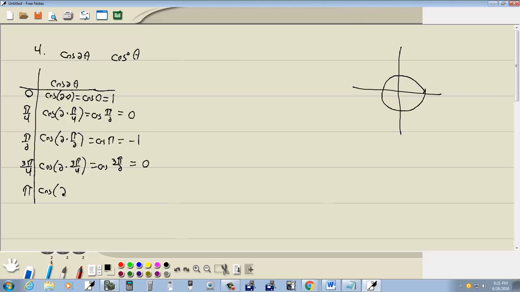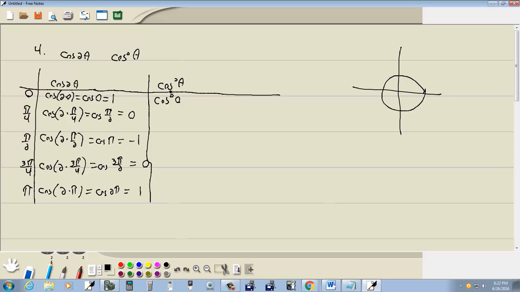And cosine of 2 times pi is equal to cosine of 2 pi, which is equal to 1. Now I'm going to talk about how that's not good enough. But let's look at cosine squared.